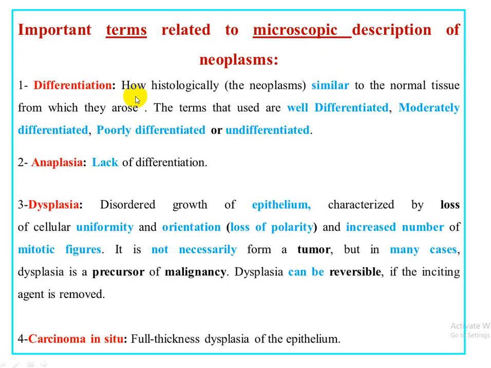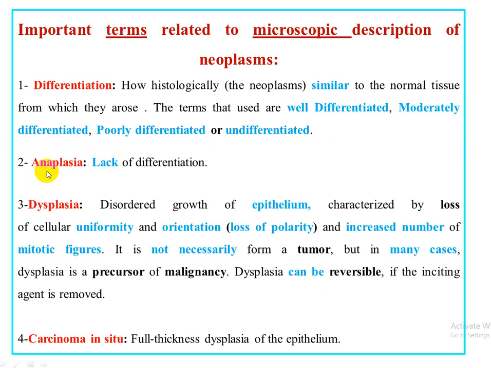Differentiation means how closely the tumor tissue histologically resembles the normal tissue from which it arose, and we use different terms to describe it: well differentiated, moderately differentiated, poorly differentiated, or undifferentiated, which is completely different from normal tissue.